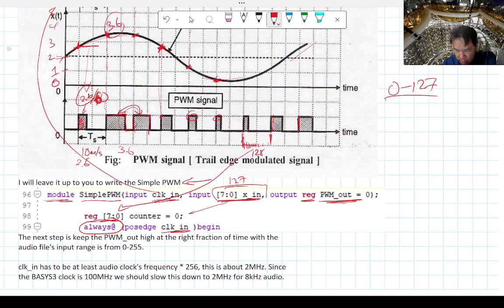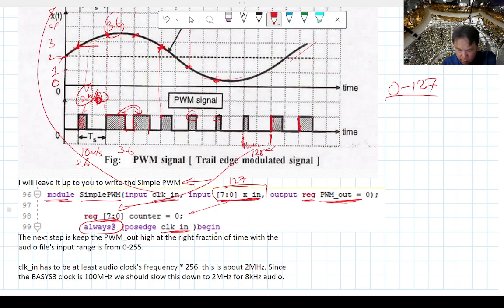Sorry, this clock has to be not the sampling rate; it's the sampling rate times, in this case, 128. So let's say you're sampling at 100 hertz. The clock actually has to be 100 hertz times 128, so 12.8 kilohertz.